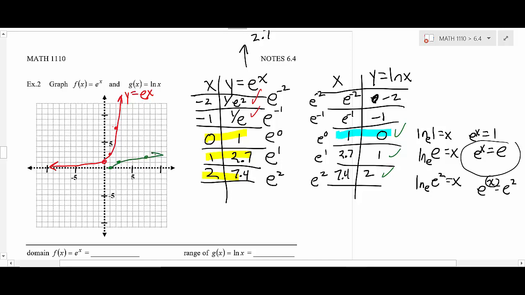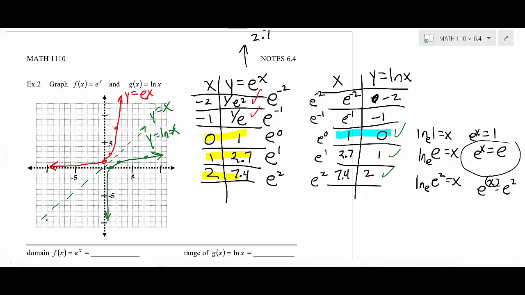So the graph of ln of x would look like the one that I'm drawing in green. That would have kind of a similar result to the 2 to the x. And again, you can tell that those things are inverses because the points are backwards. And again, this thing is symmetrical about the line y equals x. Okay, that's the idea.